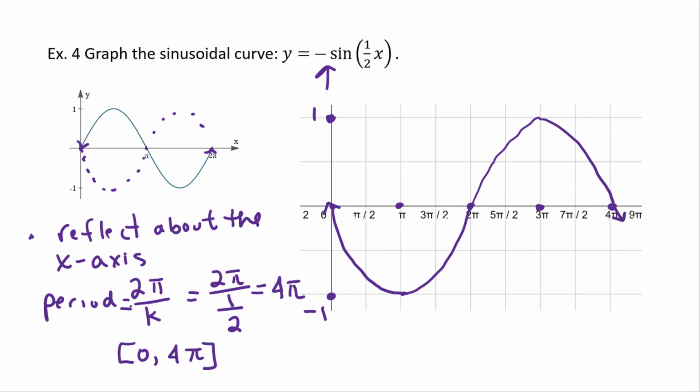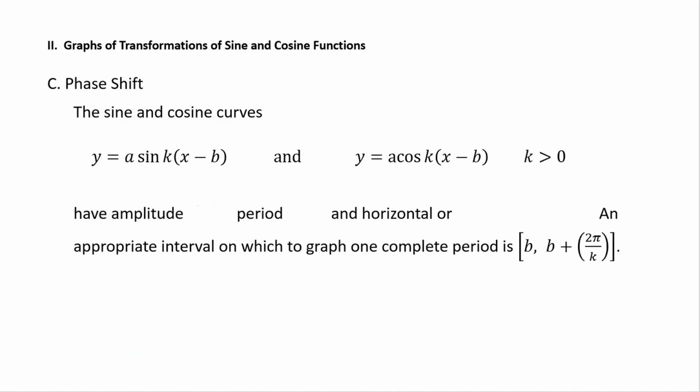Note that when it's 1/2 x, you need twice the amount of the regular period to get the entire graph in. Roman numeral 2, graphs of transformations of sine and cosine functions, part C, phase shift.